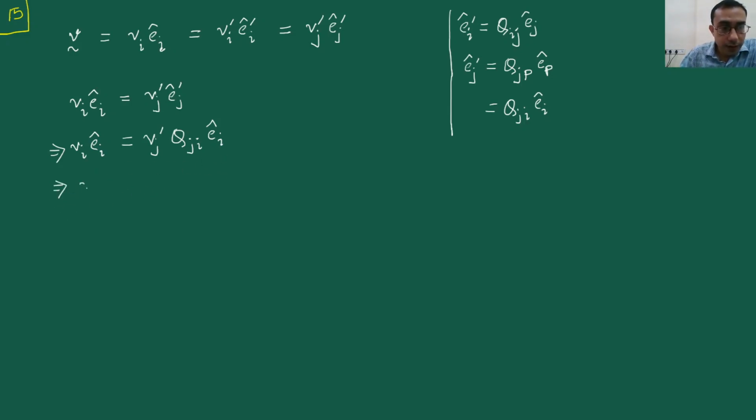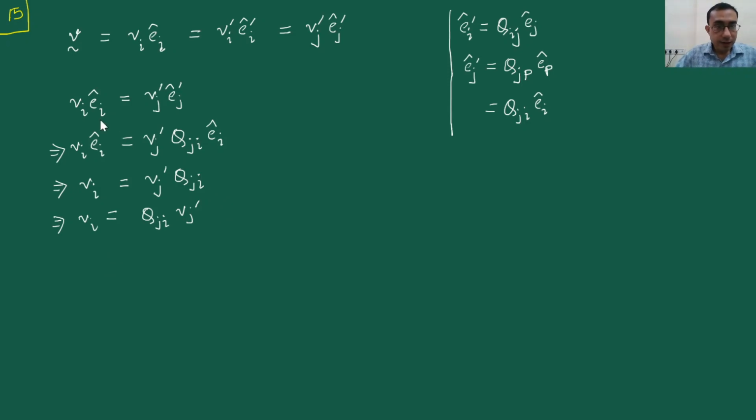So can I not write it like this, that vi is equal to vj dash qji, or equivalently I can write it as vi equals, just to make it look a little bit cleaner, I put the qji first, qji vj dash. Okay, so with this step I have obtained some connection between the vi and the vj dash.